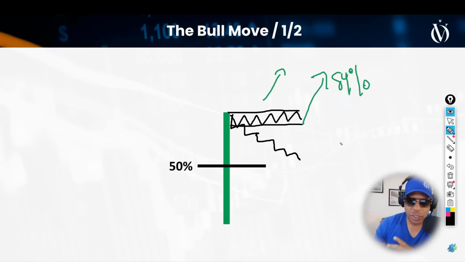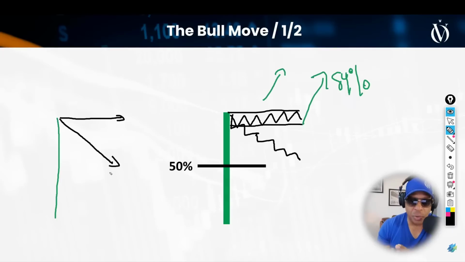You see that? So I want you to think about this for a moment. Here's your bull run. Your rest is going to come this way or that way. Both accomplish the same thing. They allow the bulls to rest, take a pit stop, catch their breath, and move on.